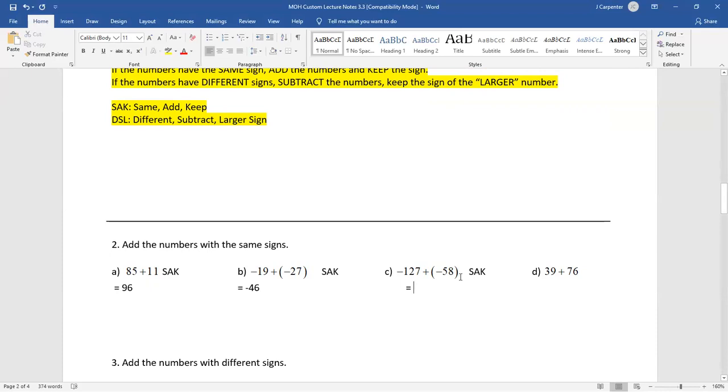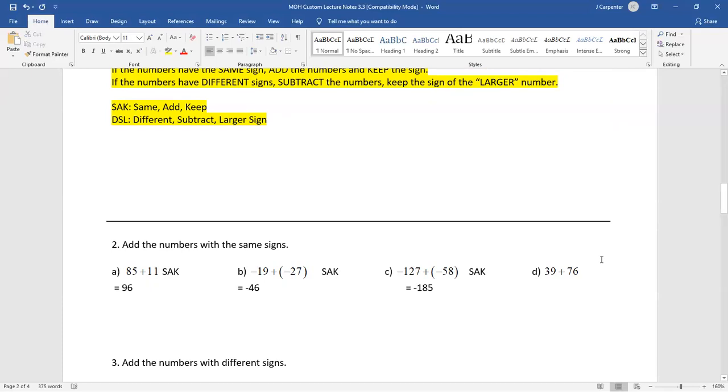So 127 plus 58, 7 and 8 is 15, 2, 5, and 1 is 8. I'm sorry, let's just say 185 for now. I spoiled that, didn't I? So the 127 plus the 58 is 185. But we're supposed to keep the signs of the original numbers. These were both negatives. So we make that a negative 185.